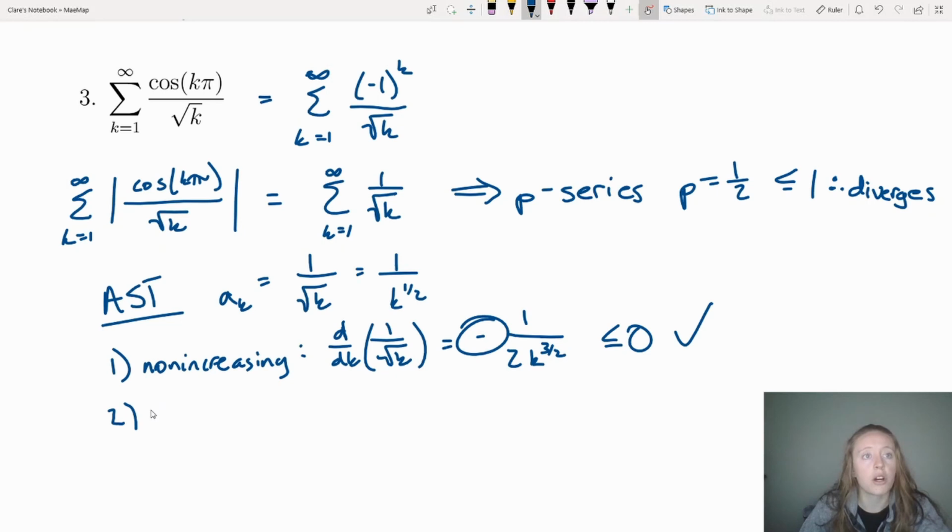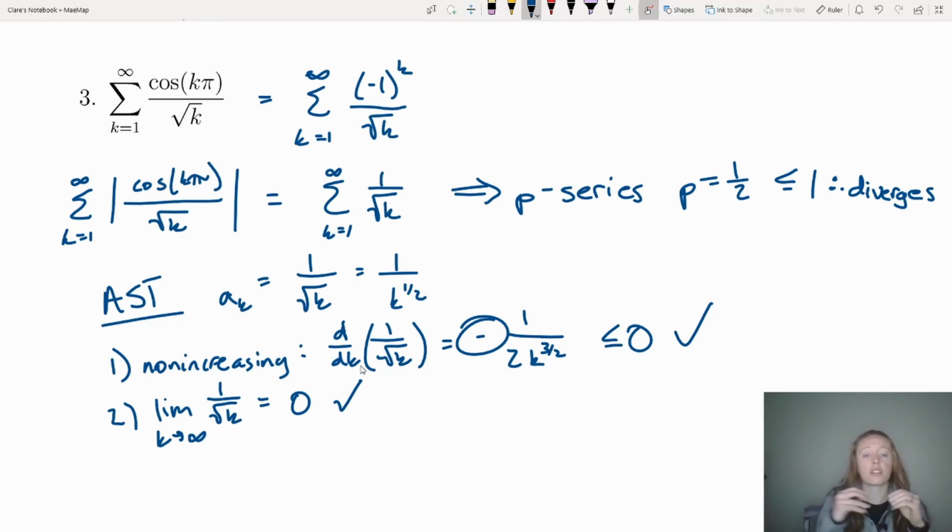In part 2, we just got to show that the limit as k approaches infinity of 1 over the square root of k does indeed equal 0, which it does because the square root of k goes towards infinity as k approaches infinity, and that constant of 1 remains the same. So we have 1 over something that's blowing up. That's going to go towards a really, really small number of 0. So by the alternating series test, we actually get that the alternating series itself converges.